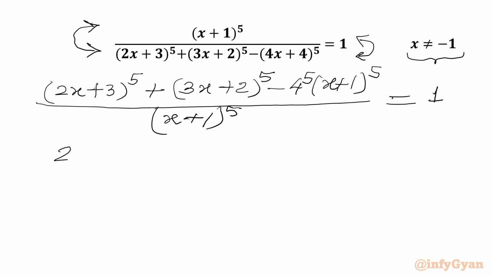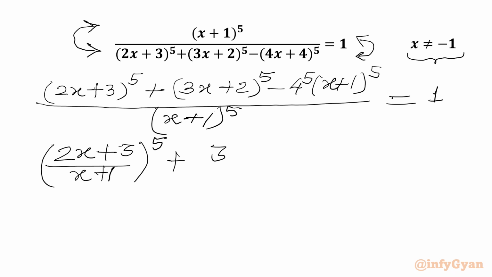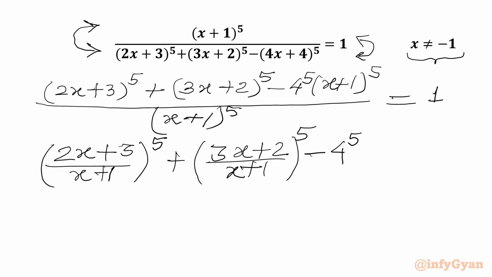We will write our equation: (2x plus 3) over (x plus 1) whole power 5, plus (3x plus 2) over (x plus 1) whole power 5, then minus 4 power 5 times (x plus 1) whole power 5 over (x plus 1) whole power 5. That will get cancelled, and only 4 power 5 will be left, equal to 1.